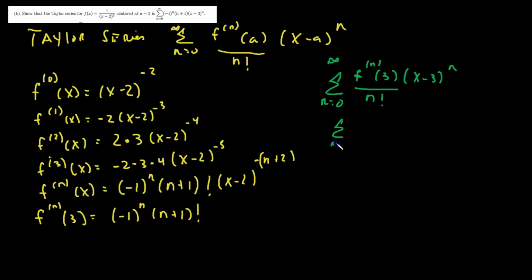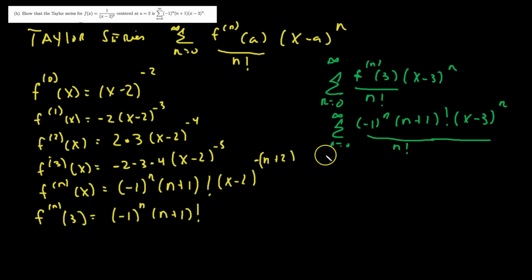So that is simply negative 1 to the n plus 1, (n plus 1) factorial, (x minus 3) to the n, all over n factorial. This n factorial cancels with the top factorial, so we're left with negative 1 to the n plus 1, (n plus 1), (x minus 3) to the n.